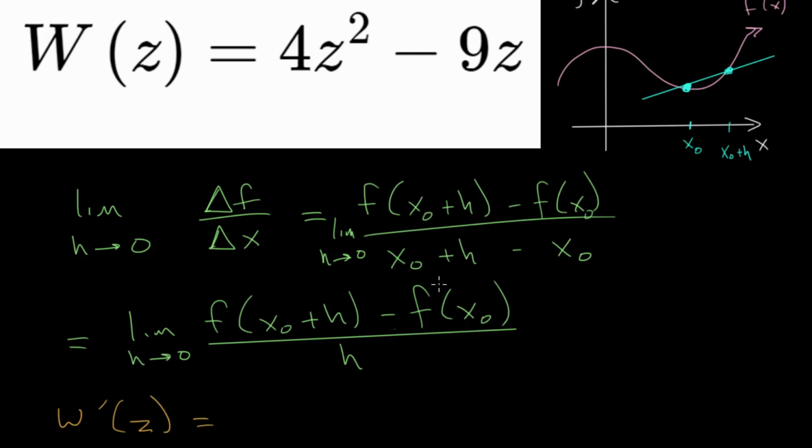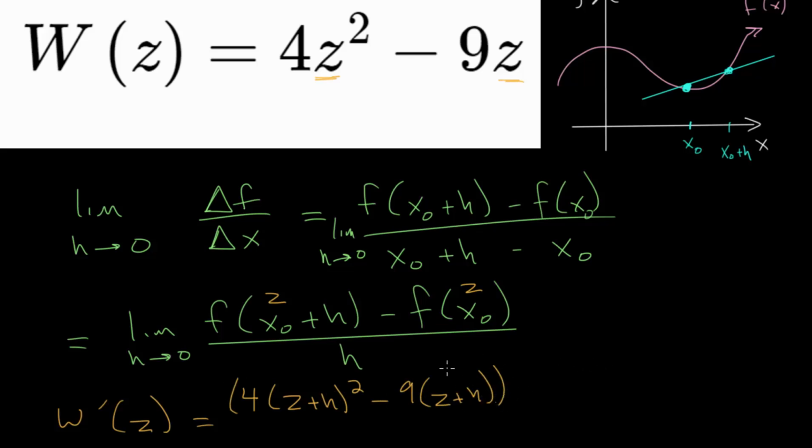Basically what we'll do is plug in z plus h. We're just replacing x sub 0 now with z in our definition. We'll replace anywhere we see z in this first part of our numerator with z plus h. So let's do that. We will have 4 multiplied by z plus h squared minus 9 times z plus h.